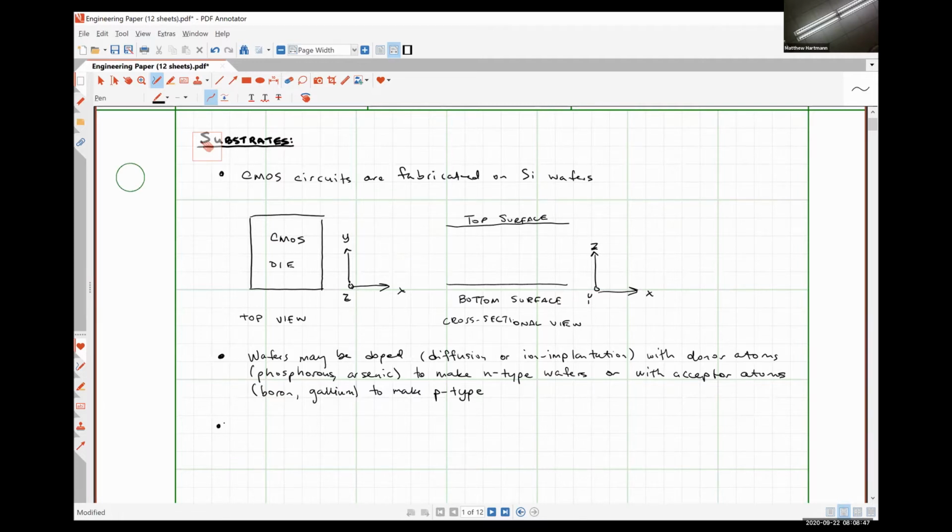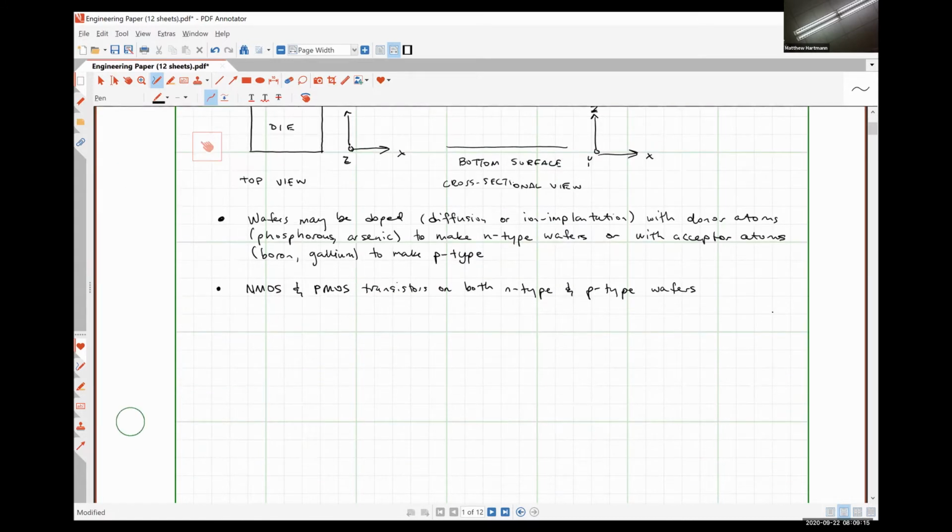We can actually create NMOS and PMOS transistors on both N-type and P-type wafers. Give me a moment to draw you a couple little pictures here.